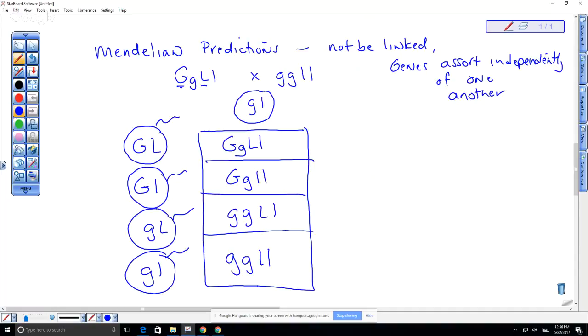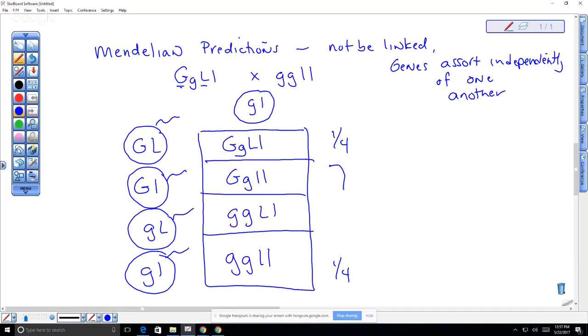Okay. So when Morgan was doing his work, this was what he predicted he would get. So 1/4 would be like one parent, 1/4 would be like the other parent, and then you'd have intermediate.